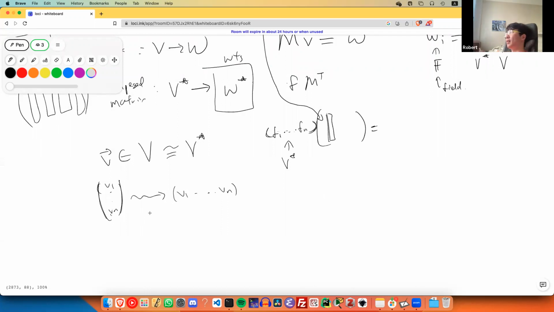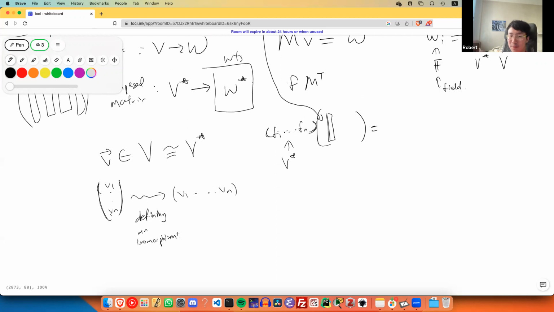Okay, but, as in, if this is kind of concrete and draws too much on the real number Rn analogy, what if we just had an arbitrary vector space that we didn't know anything about? How would we turn it into the dual space?